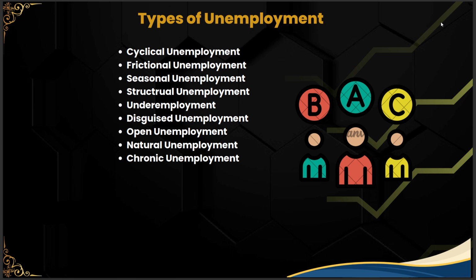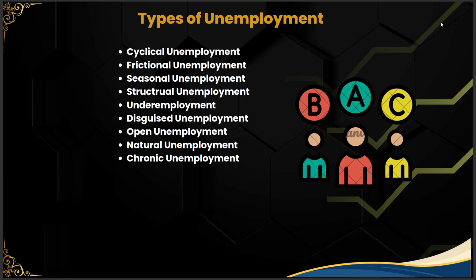Next is natural unemployment, a minimal inevitable level of unemployment which ranges between 2 to 3% in a country. It is natural. There's nothing we can do about that. Next one is chronic unemployment. If unemployment continues to be a long-term feature of the country, it's called chronic unemployment.